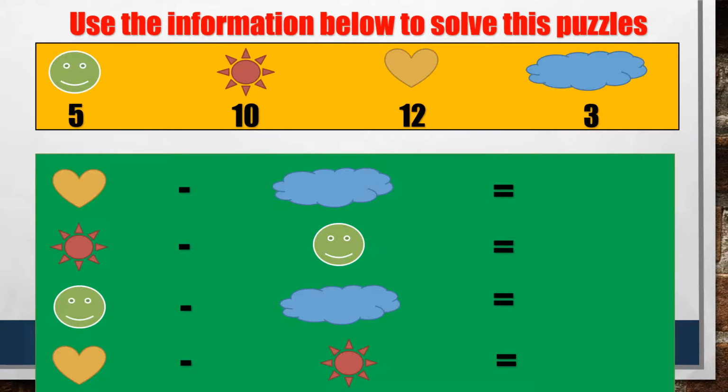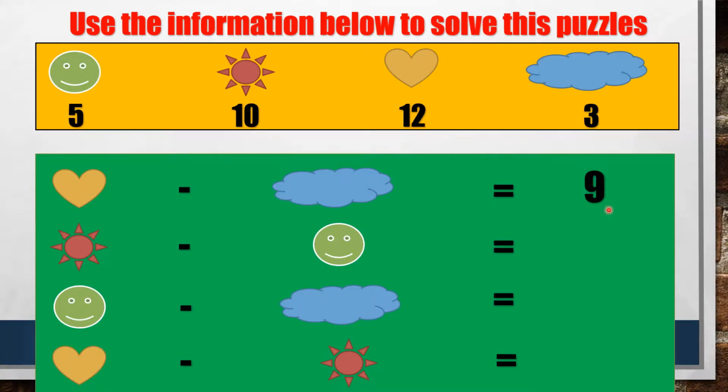Use the information below to solve this puzzle. First, smiley face 5, sun 10, heart 12, cloud 3. So, heart minus cloud means 12 minus 3 is equal to 9.